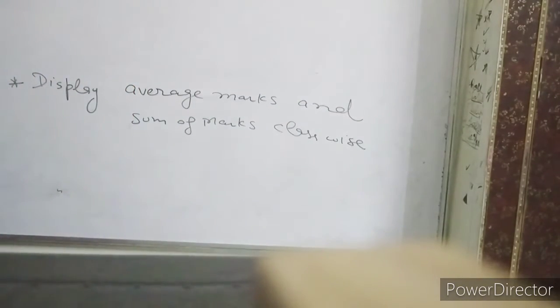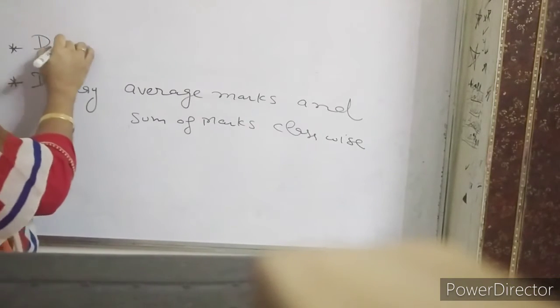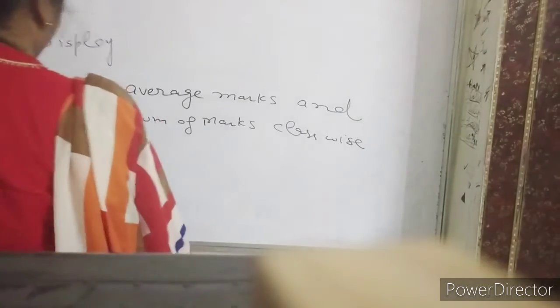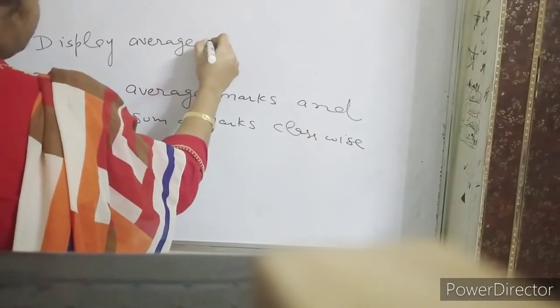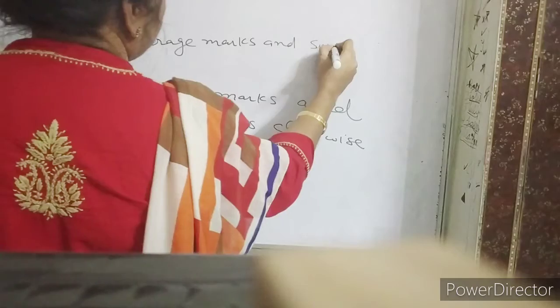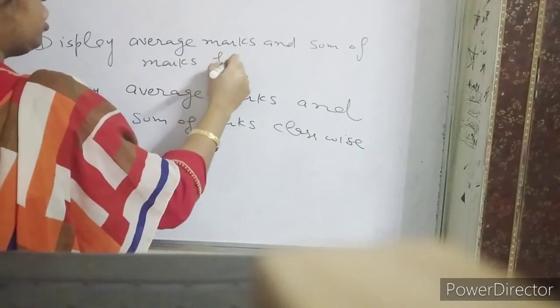Read this question and think what type of output you want by this query. Then you can understand how we perform the grouping. I can write this query as select average marks and sum of marks for each class.